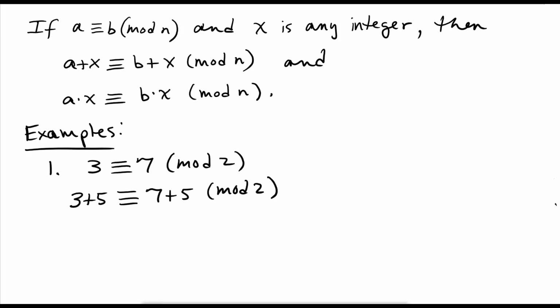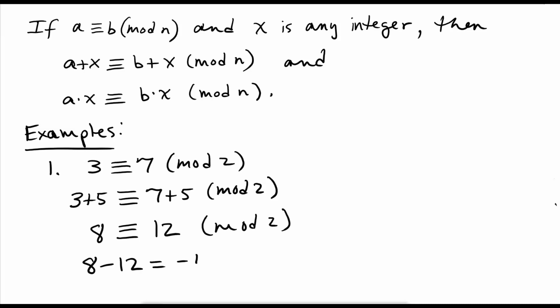Well, let's see. 3 plus 5 gives me 8, and then 7 plus 5 gives me 12, and I know that 8 minus 12 is equal to negative 4, and of course this is a multiple of 2. So yes, it is true that 8 and 12 are congruent modulo 2. All we did was we added the same number to both sides of our congruence.